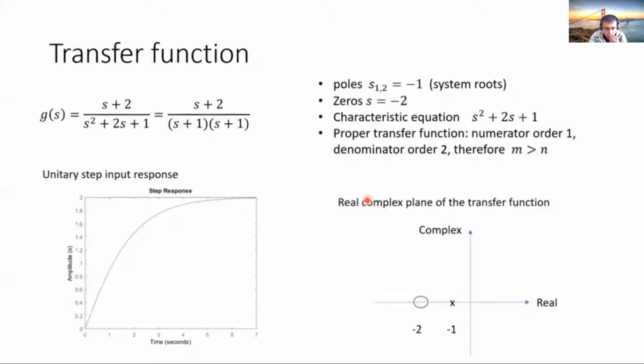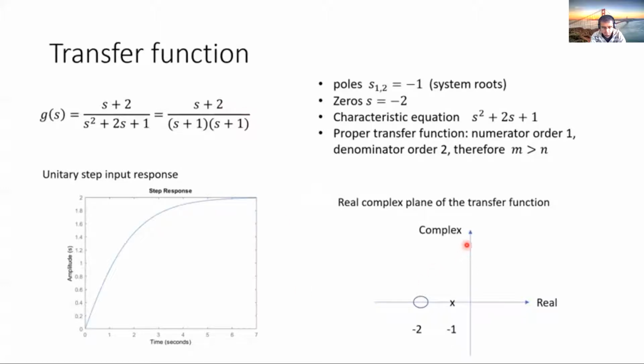Something important that you should consider when you are analyzing transfer functions is also the real and complex plane. Remember that the Laplace operator is related directly to j omega. Therefore, we are using real and complex numbers inside this transfer function, and that j and omega depends on the frequency of the system.